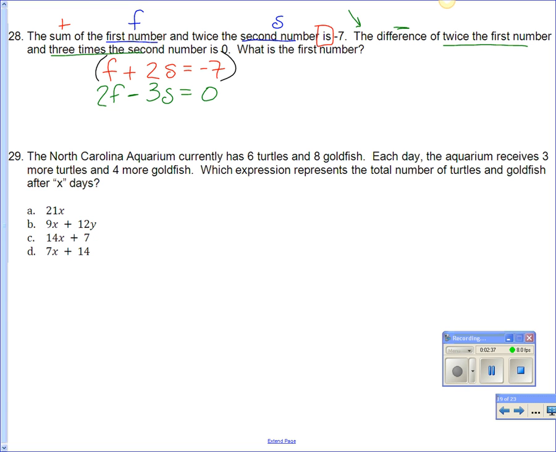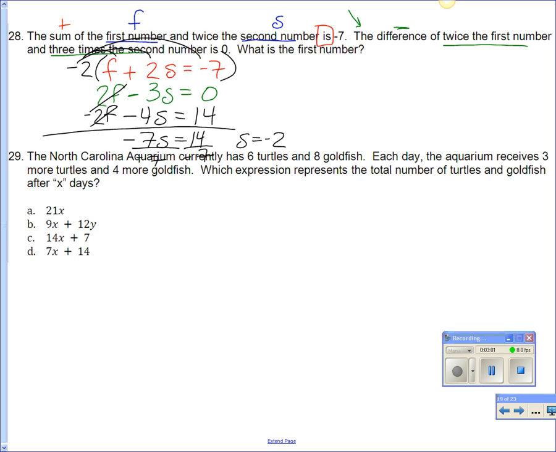A -2. So multiply by -2. So I get -2f, -4s. -2 times -7 is +14. These cancel, and so you get -7s equals 14. Divide by -7, and so s is -2.